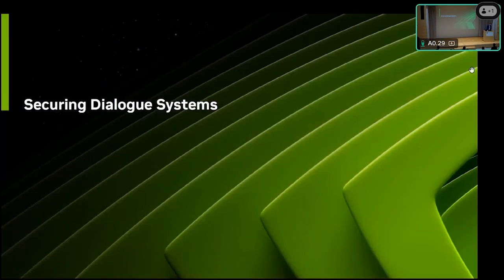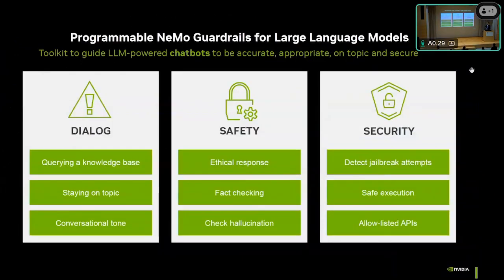How can we secure dialogue systems? So at NVIDIA, we have a project called NeMo Guardrails. It offers guardrails, sure, but actually it's a full conversation management system. You don't need to specify the conversation tree. You just write a little script for each part of a conversation. Like maybe you have a hotel booking system, right? So we say, this is the script for getting the hotel booking dates.